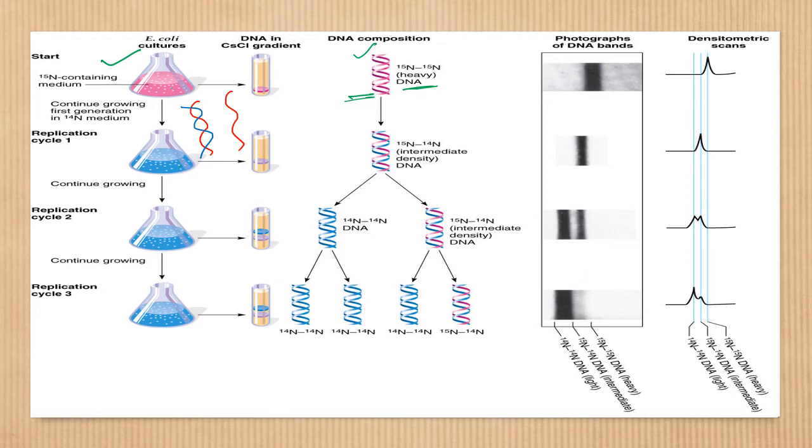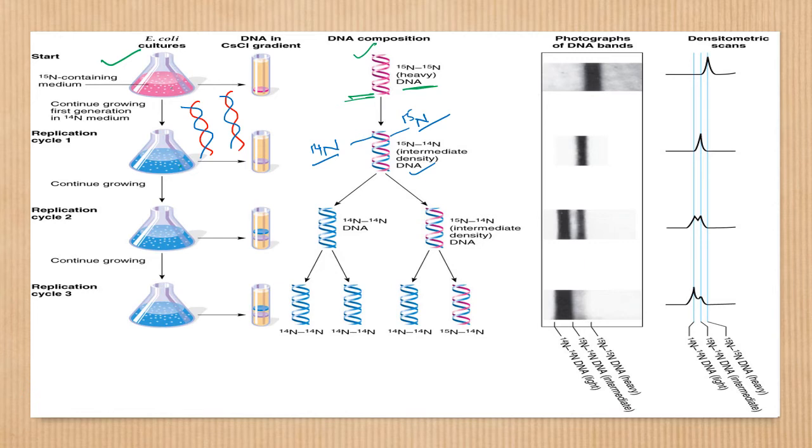Similarly, this DNA also forms like this. So one strand has N15 and the blue strand has N14, the normal light nitrogen. So it is clear that it is semi-conservative.